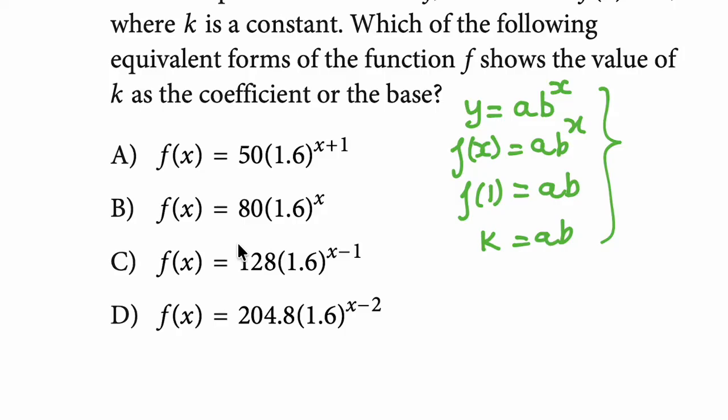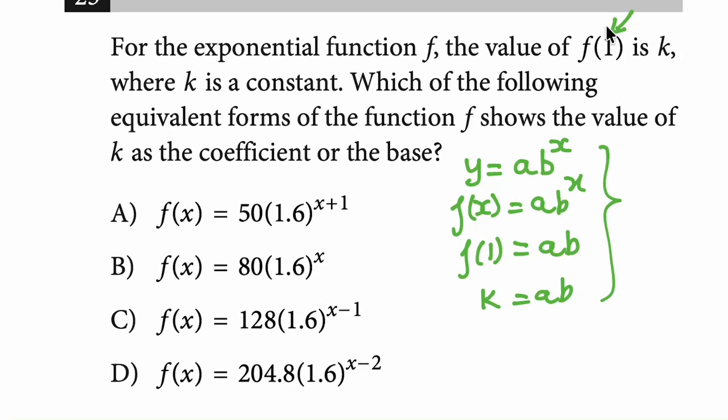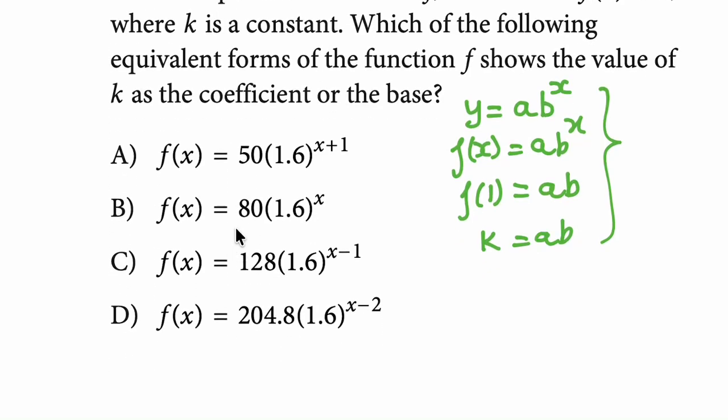When you solve it by giving the input as 1, the value of k should be there either in the a or in the b value. So it should appear in the equation itself. That is the meaning of this statement. So this is the coefficient or this is the base.